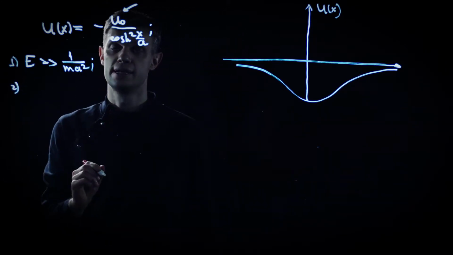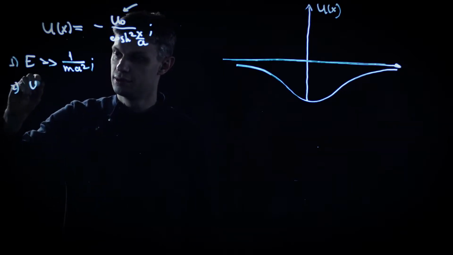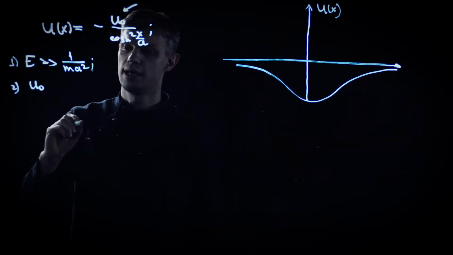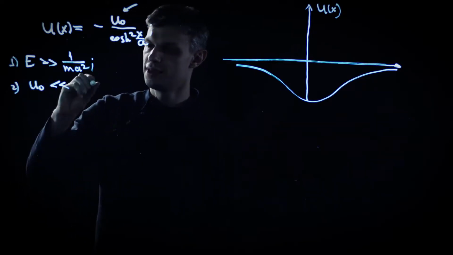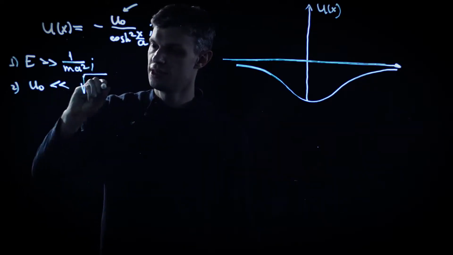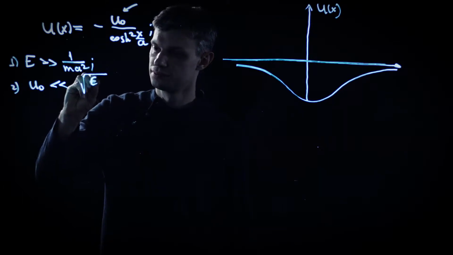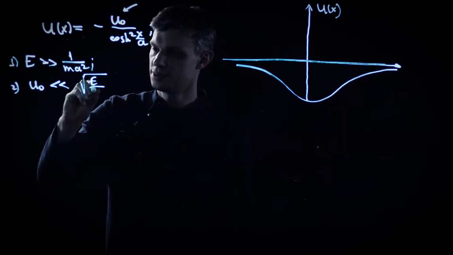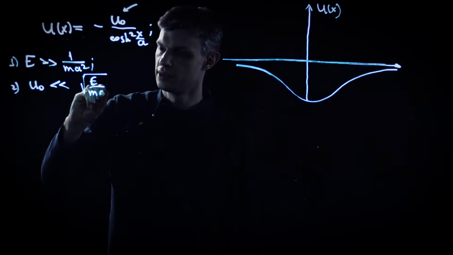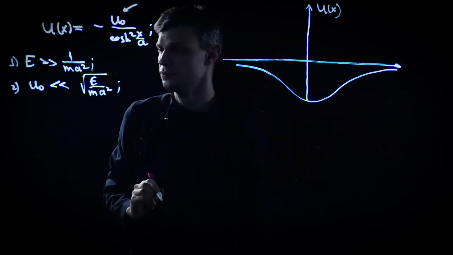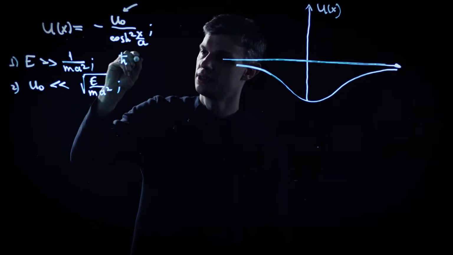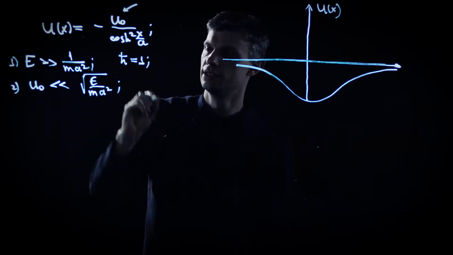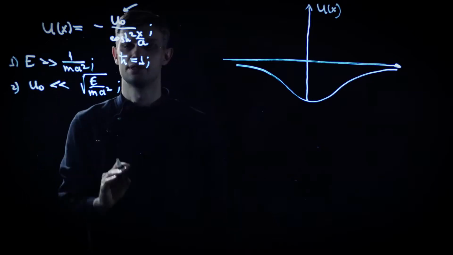And second, the depth of the potential well is supposed to be rather small. It's much smaller than the square root of the energy, and this semi-classical expression, 1 over ma squared. And as you probably noticed, I put here h bar equals 1 for the rest of this lecture.